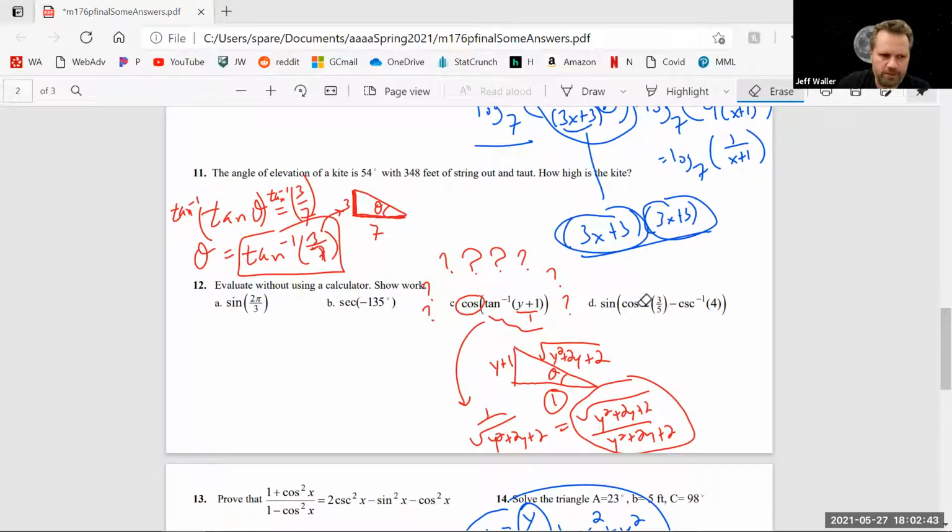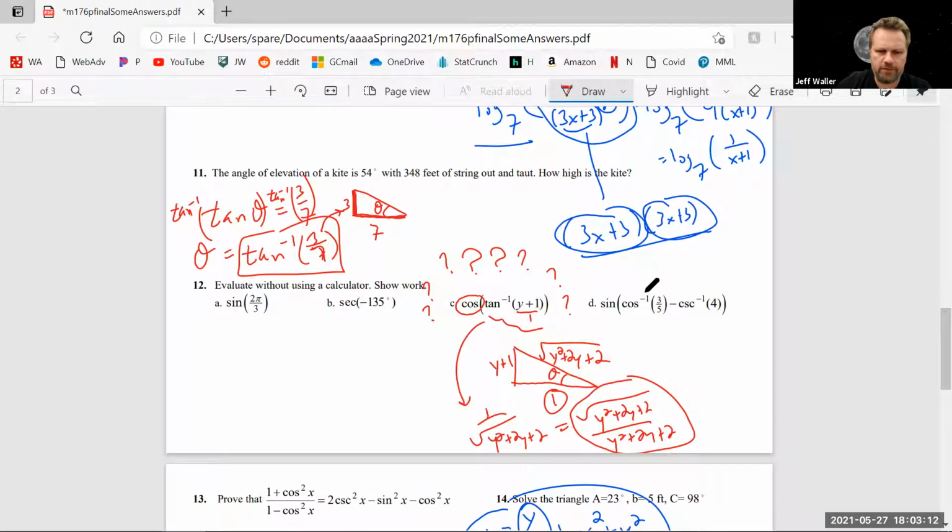More to do, yeah, because I have more than one angle in this thing. So I don't have a trig function of an inverse trig, do I? I've got a trig function of the difference of two.